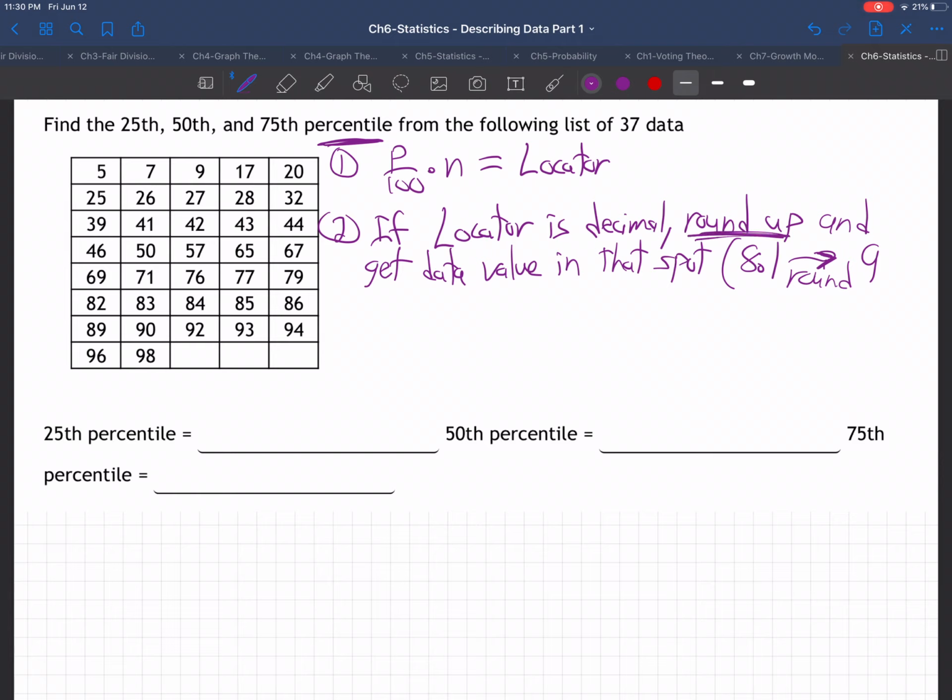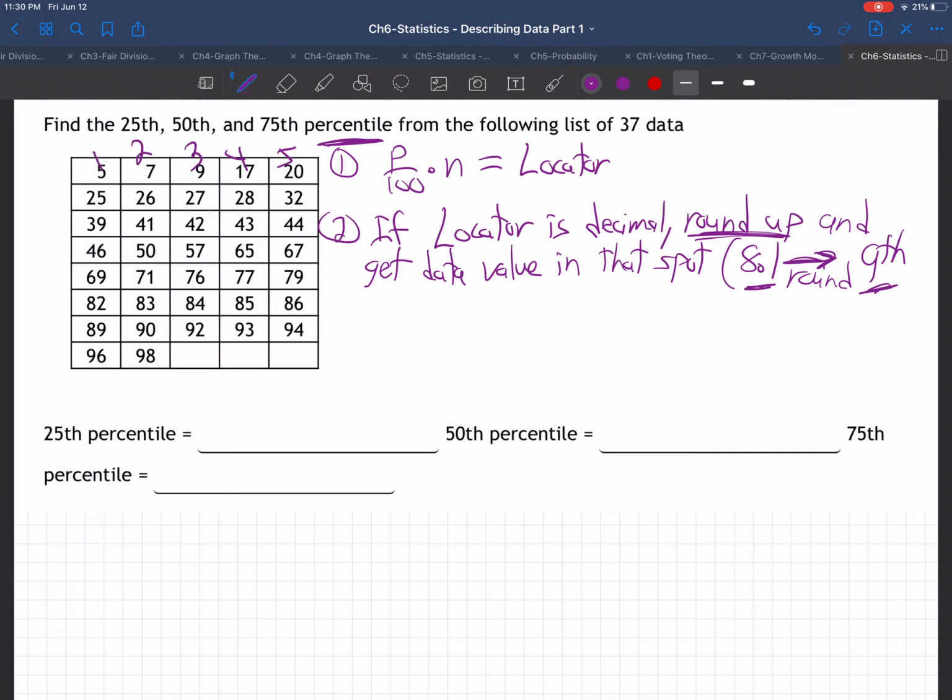So if you got 8.1, you would round it to 9, and find the 9th value in the list: first, second, third, fourth, fifth, 6th, 7th, 8th, 9th. The answer would be 28.